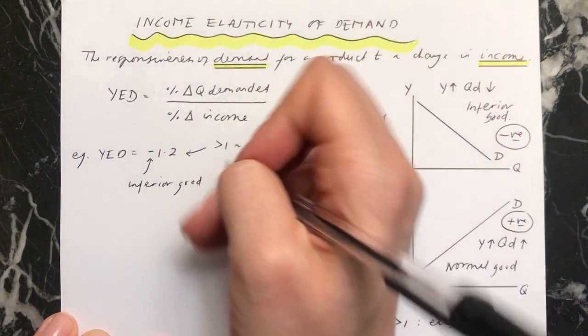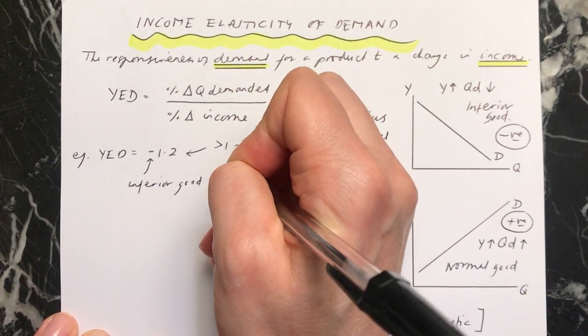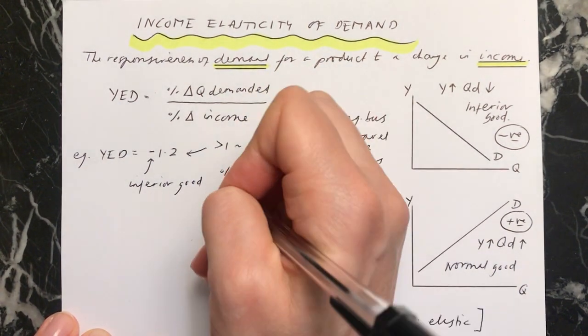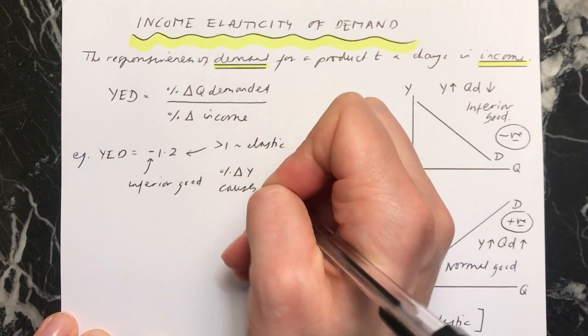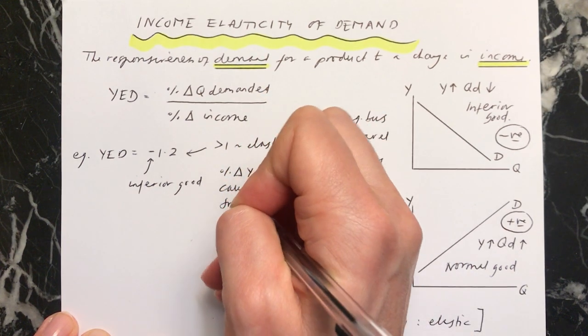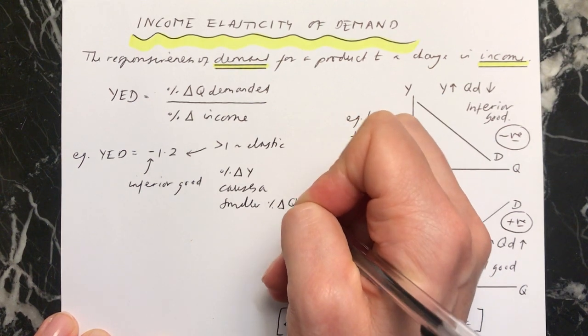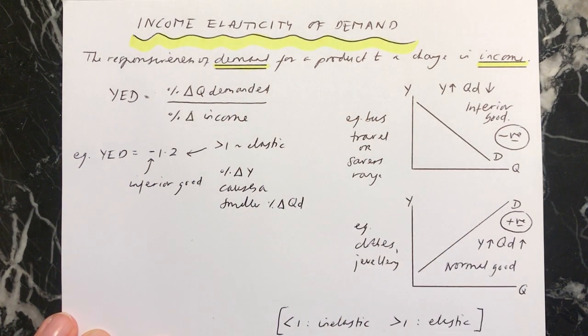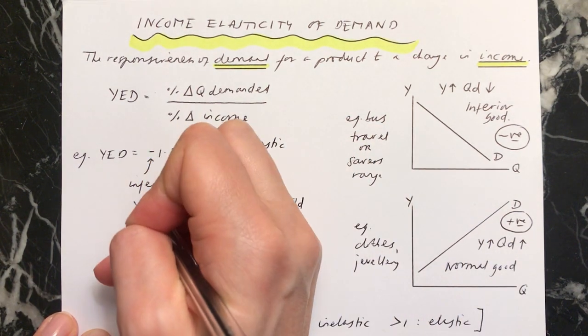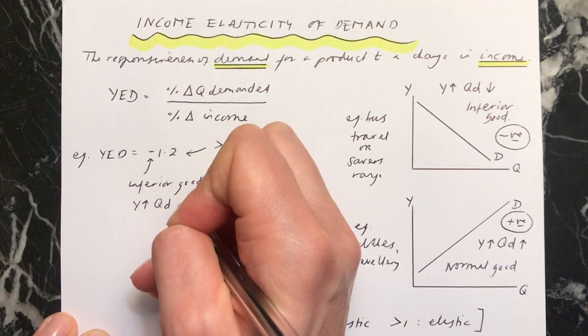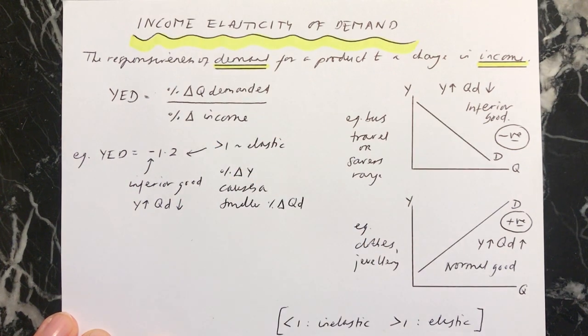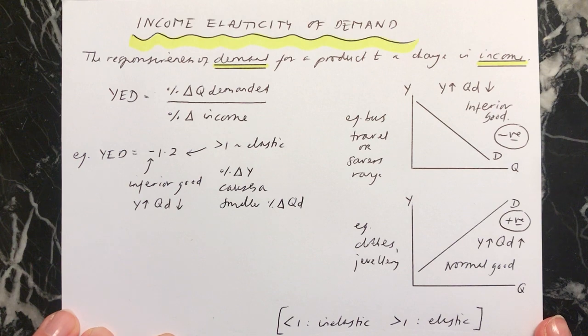So this will mean that a percentage change in income causes a smaller percentage change in quantity demanded. And we also know, because it's inferior good, as income goes up, quantity demanded will go down. So you can tell a lot just from your YED figure about the product.